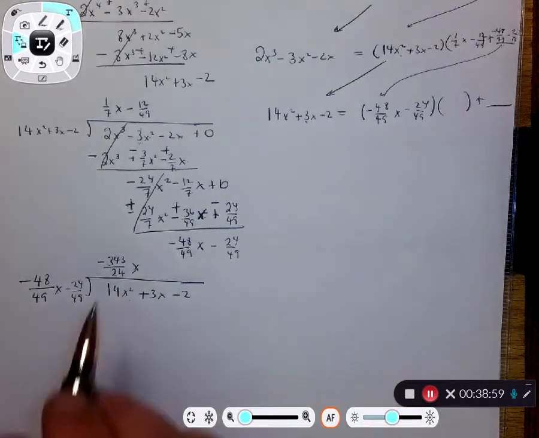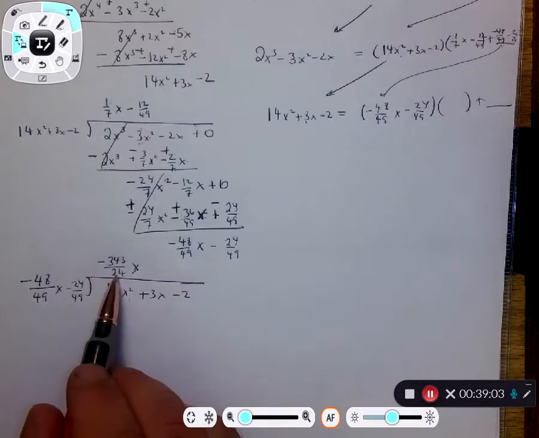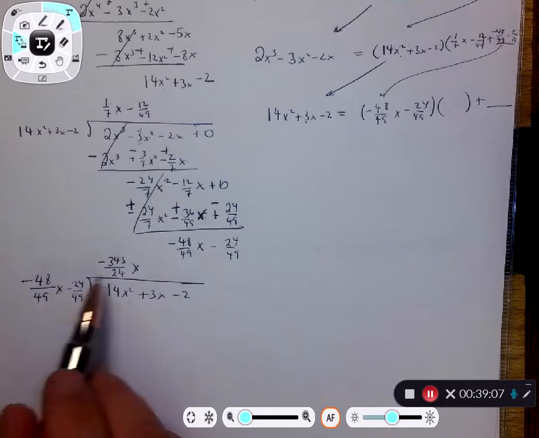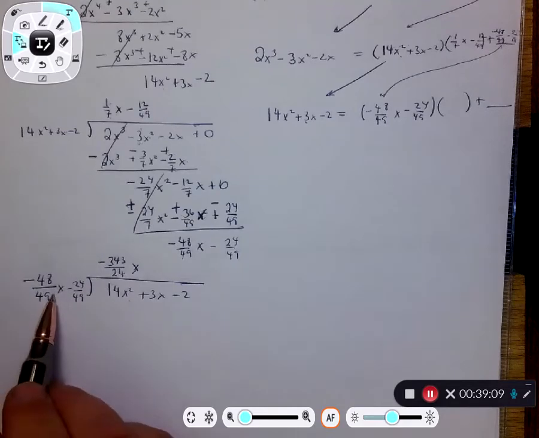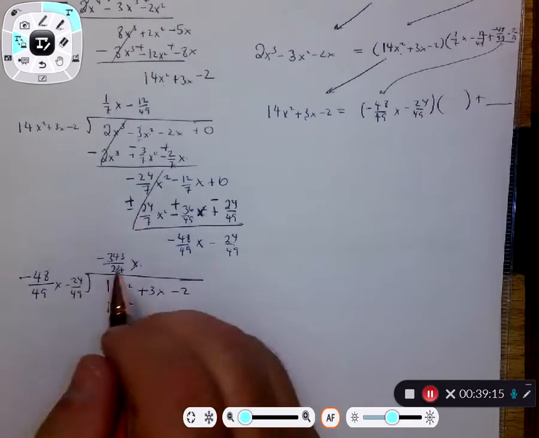Now I'm going to distribute and multiply, but we just discovered negative 343/24 x times negative 48/49 x. Negative times negative is a positive, and it ends up giving you a positive 14x squared.